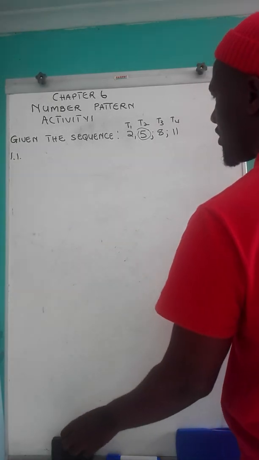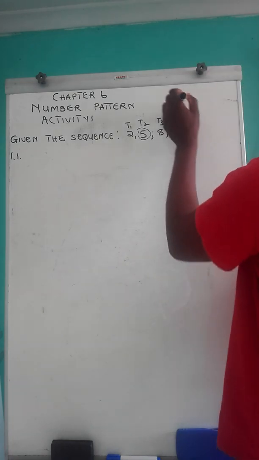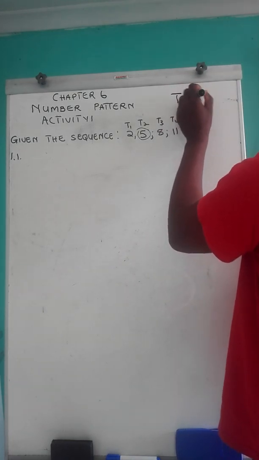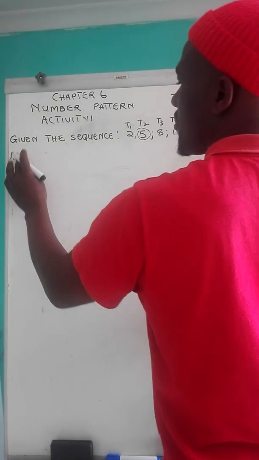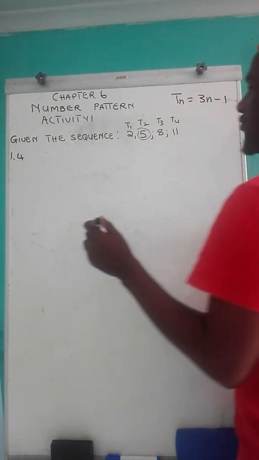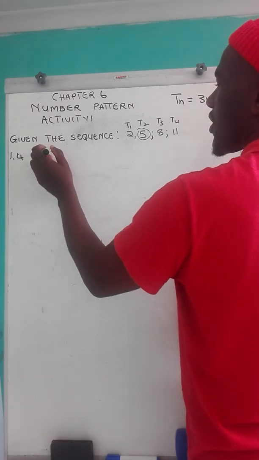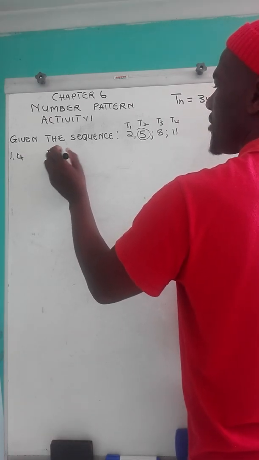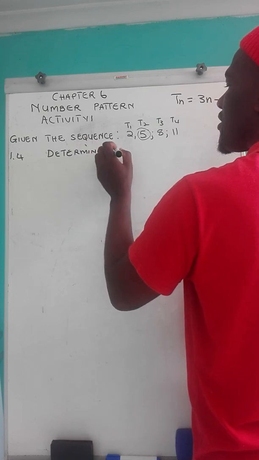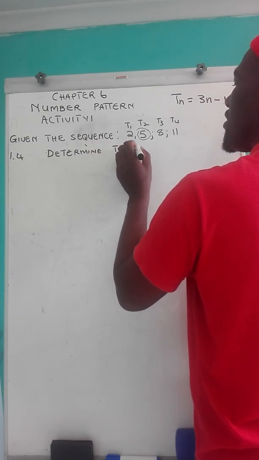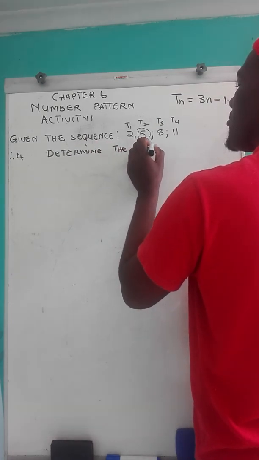Okay, let's not forget the general formula. General formula, it's Tn equal to 3n minus 1. Question 1.4: Determine the 100th term.